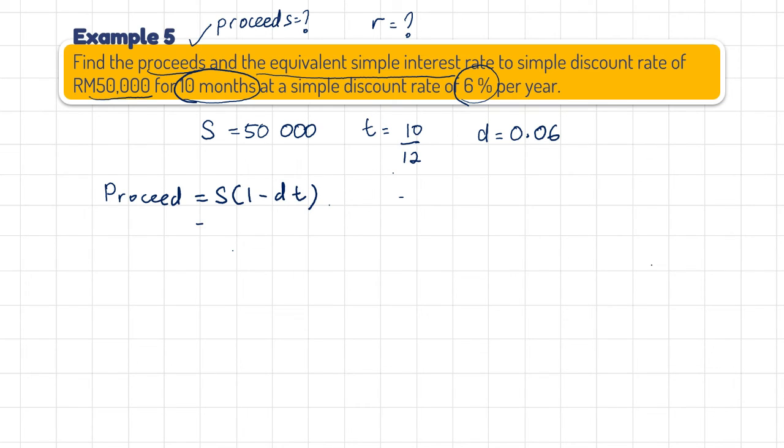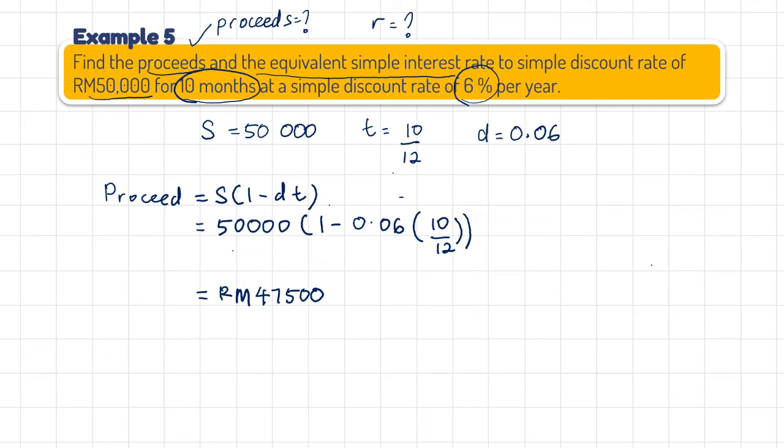It will be equal to 50,000 times 1 minus our D, 0.06, times our T, 10 over 12. Then you just press your calculator carefully, and you will get your proceeds should be RM 47,500 ringgit. This is your first answer.